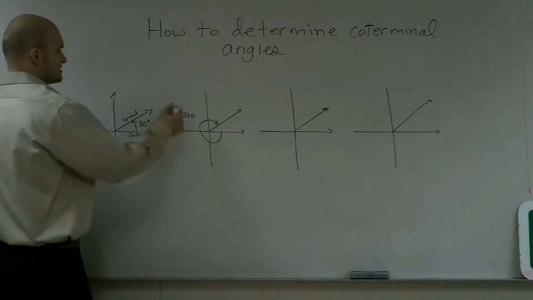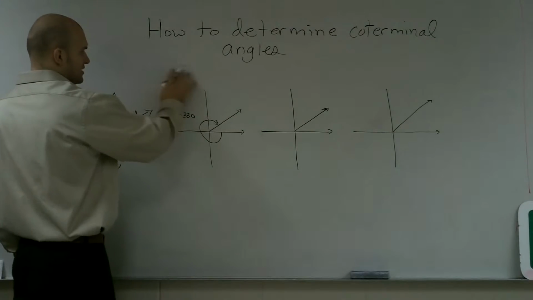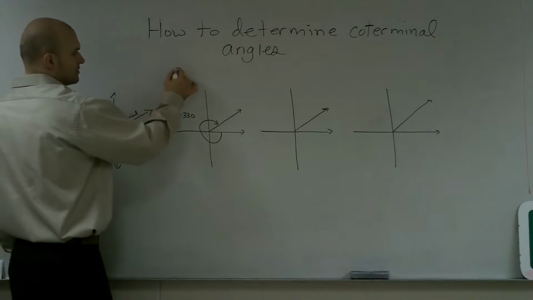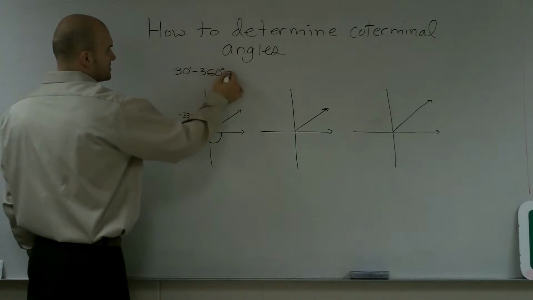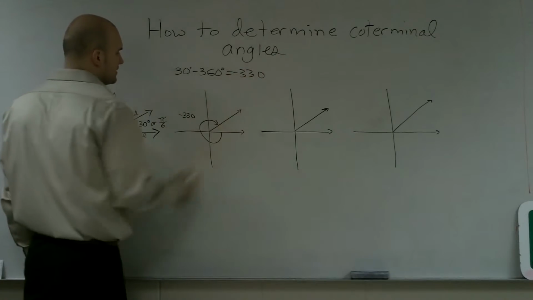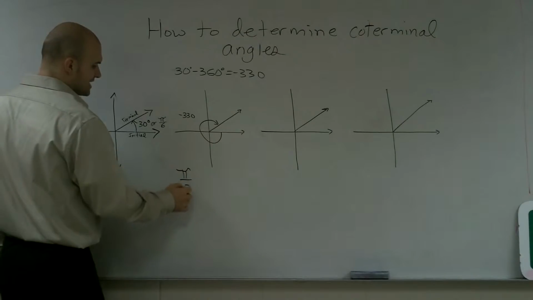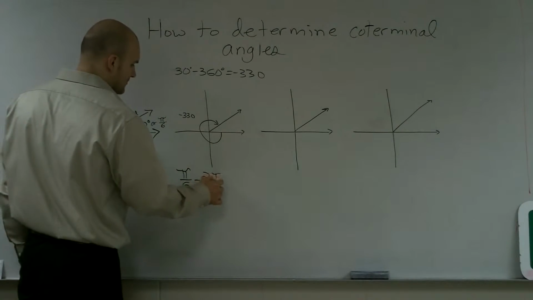What we can do is take your angle, and if it's positive, subtract 360 degrees. That same goes for when you have it in radians. Pi over 6 minus 360 degrees, which in radians is 2 pi.